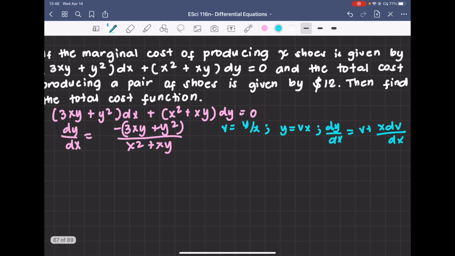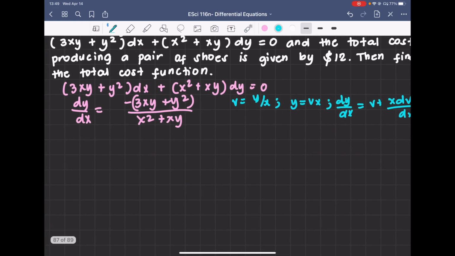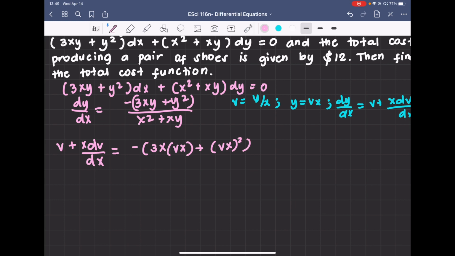So plugging in those values, we get v plus x dv over dx is equals to negative times the value of 3x times vx plus vx squared all over x squared plus x times vx.